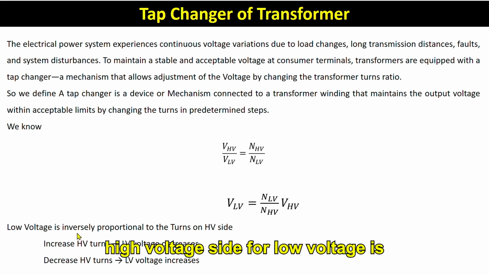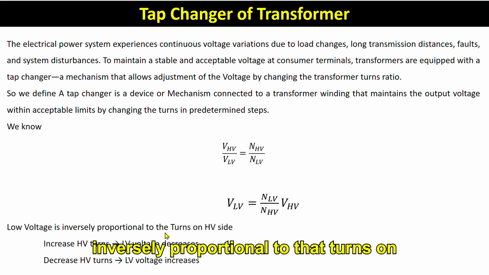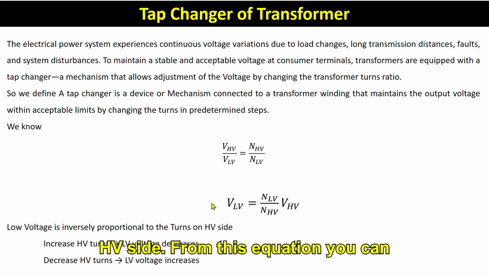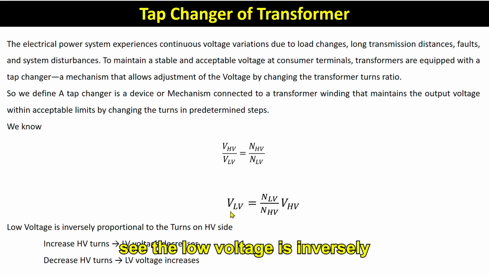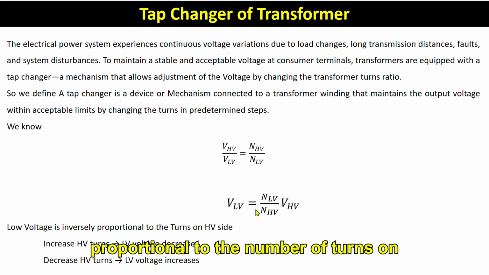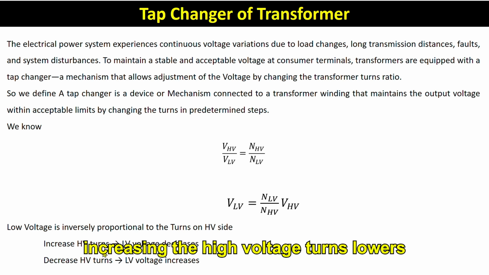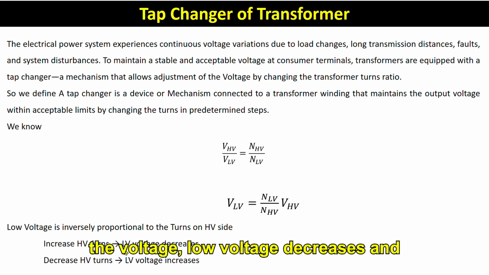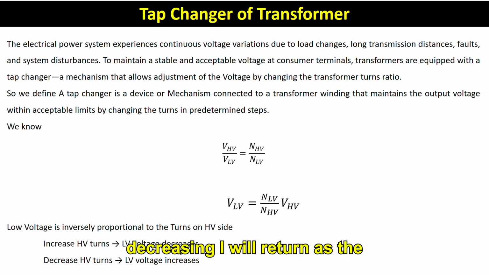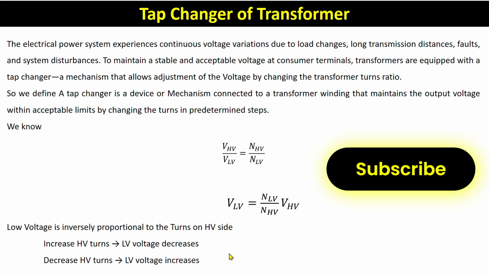So the low voltage is inversely proportional to the number of turns on the HV side. Increasing the high voltage turns lowers the LV voltage, and decreasing the high voltage turns results in increasing the low voltage.